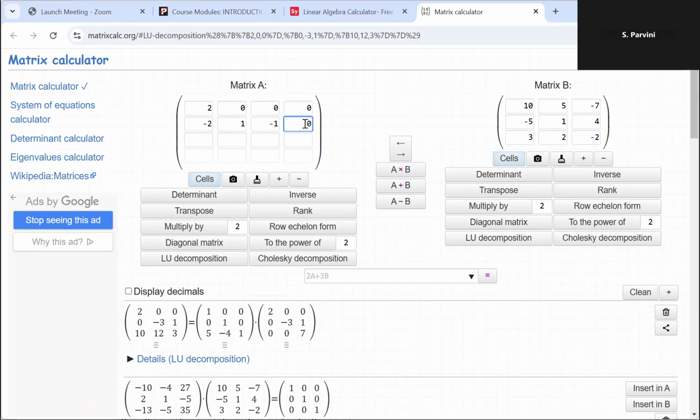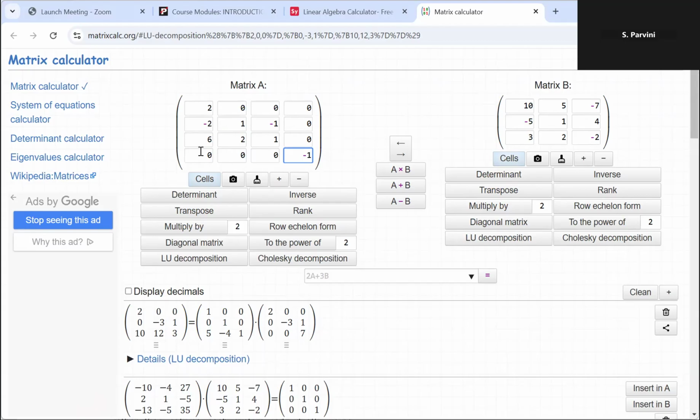Correct? And what is the third row going to be? 6, 2, 1, 0. And the fourth row, we're only looking at the coefficients, folks. Don't look at what's to the right of the equal signs. The fourth row is going to be 0, 0, 0, negative 1. Correct?